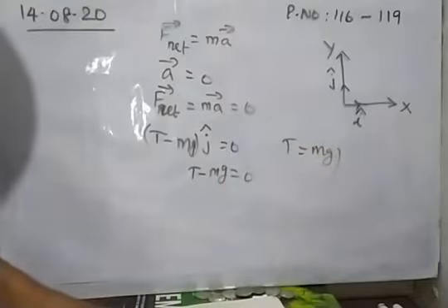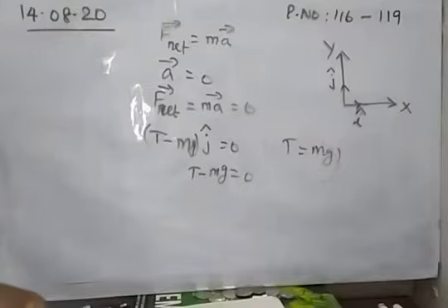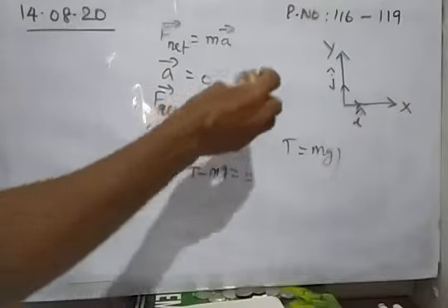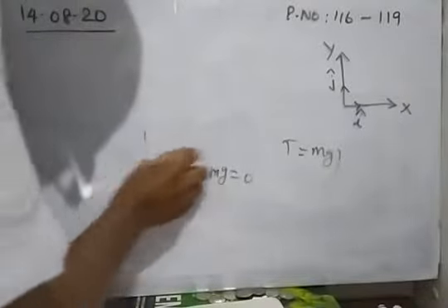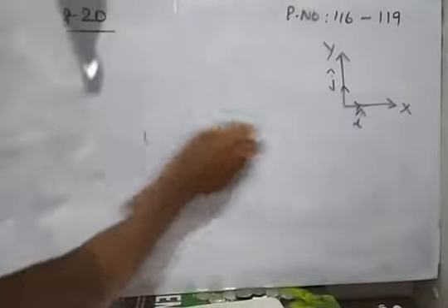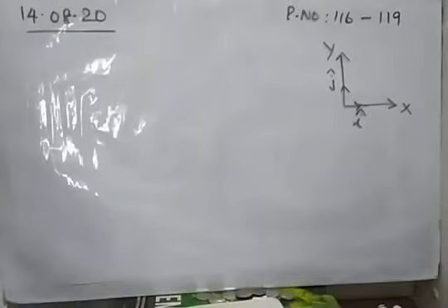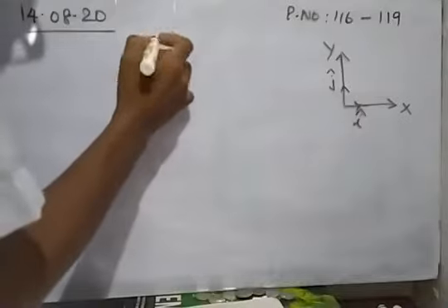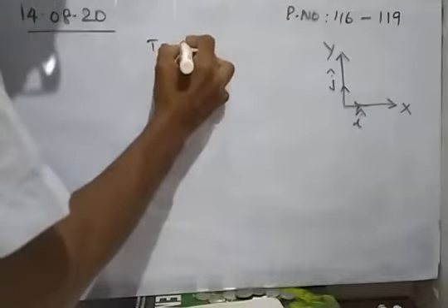Now the mass of the mango is given as 400 gram. Then the tension acting on the cord is T is equal to mg.